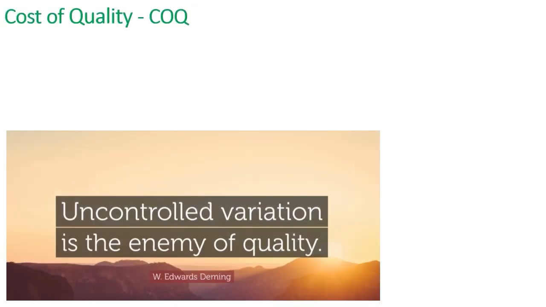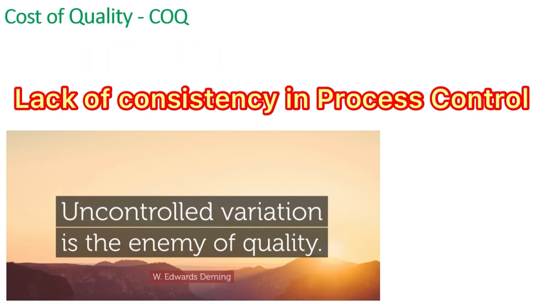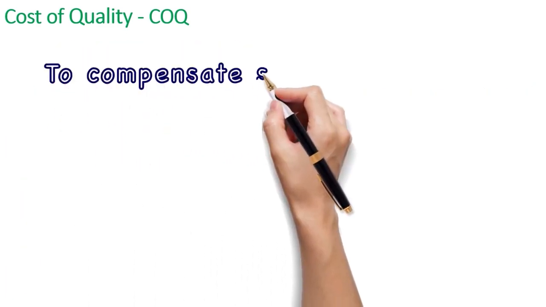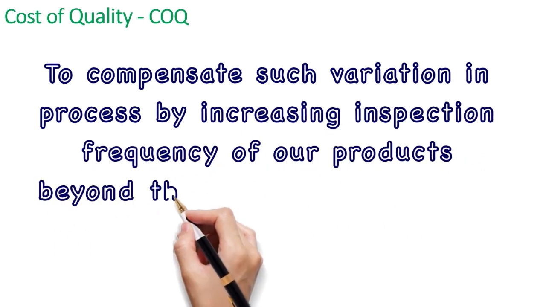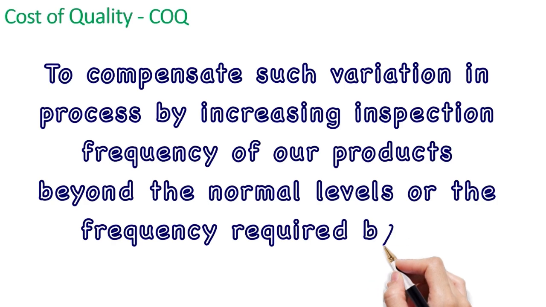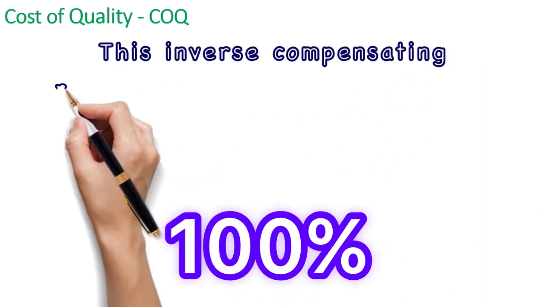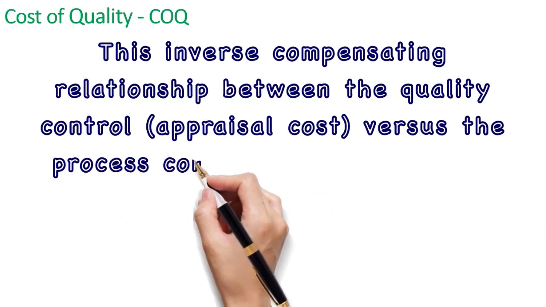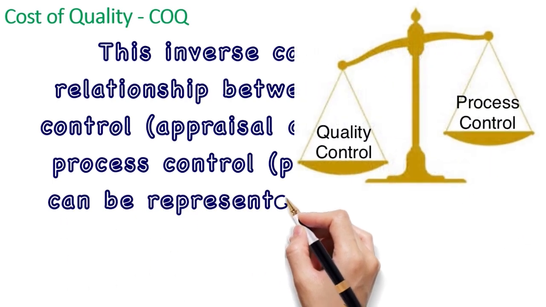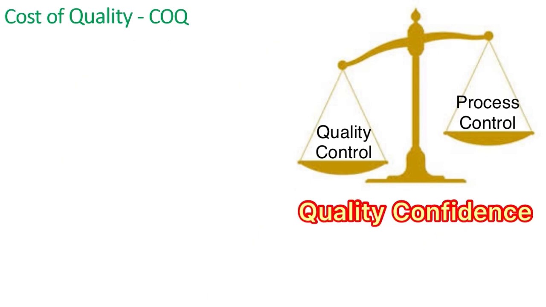However, and as mentioned in the last part, when process control becomes questionable due to lack of standardization or due to process inconsistency, this will result in uncontrolled variations in the process output and possibly in our product's parameters. Then the only way now to assure the quality of our product is to increase inspection frequency, in some cases up to 100%. And as mentioned in the last part, this increase in inspection, QC, is needed to compensate the weak process control and to try to maintain a certain level of quality confidence in our products.